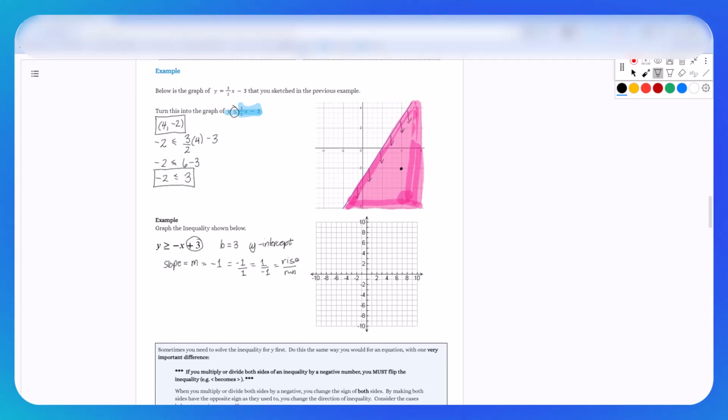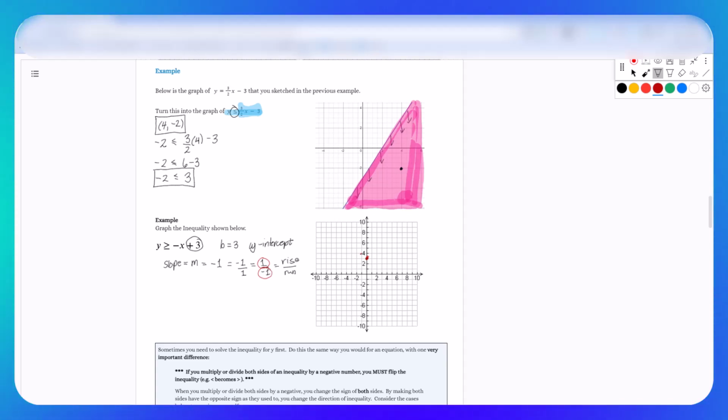So let's start by graphing that line. So we find our y-intercept of 3, and we're going to go for a little walk, up 1 and to the left 1.